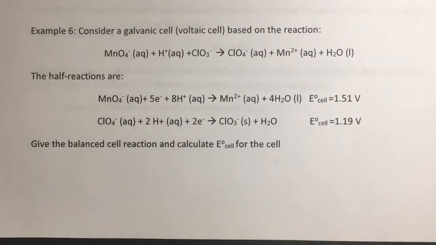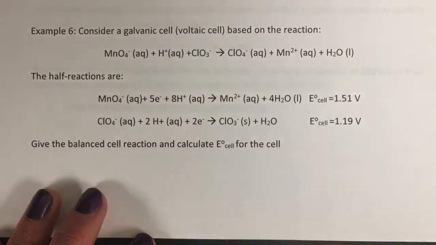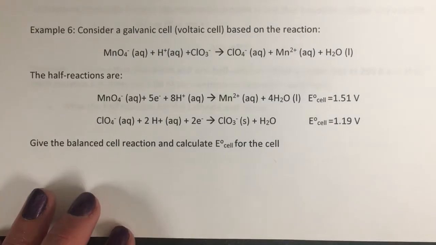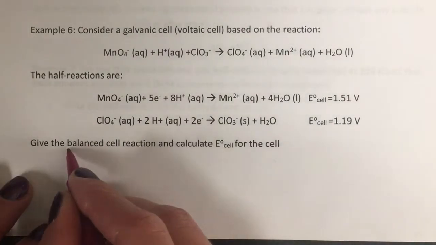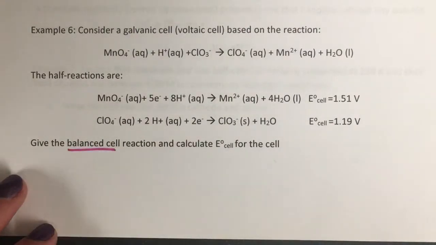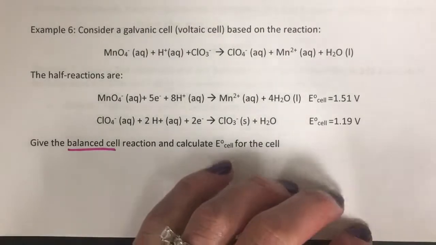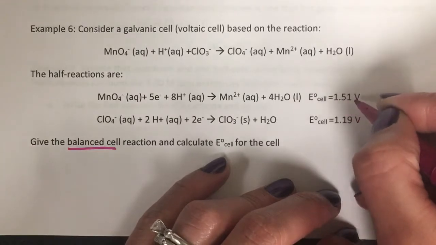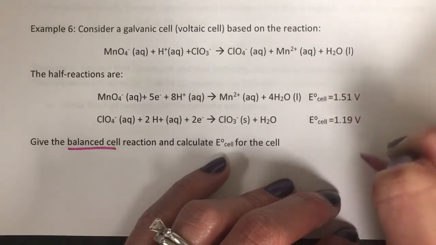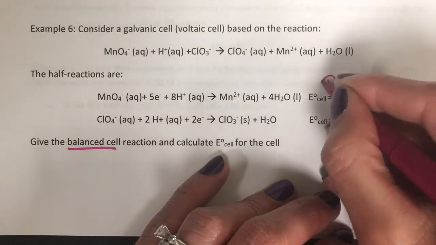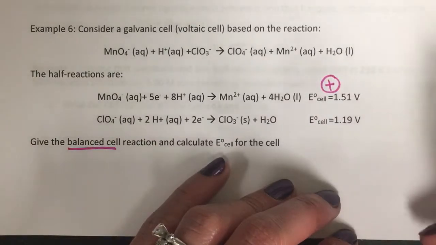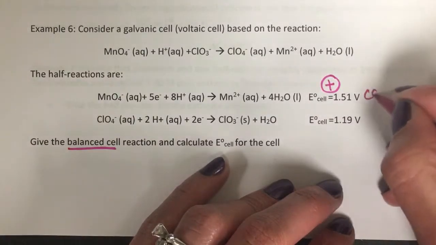So again, I've got another galvanic or voltaic cell. It gives me my two half reactions. It gives me the voltage for each half reaction. I want to do the balanced cell, and I want to calculate how much. Well, if I look, I've got 1.51, 1.19. This is more positive, so it is going to be my cathode.